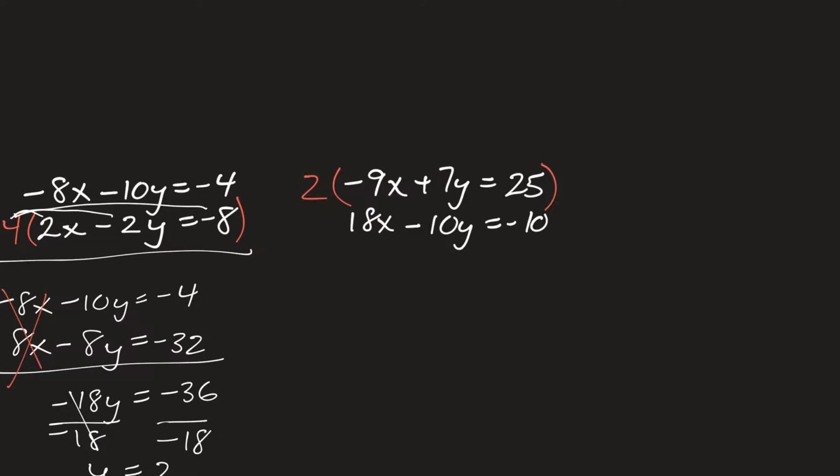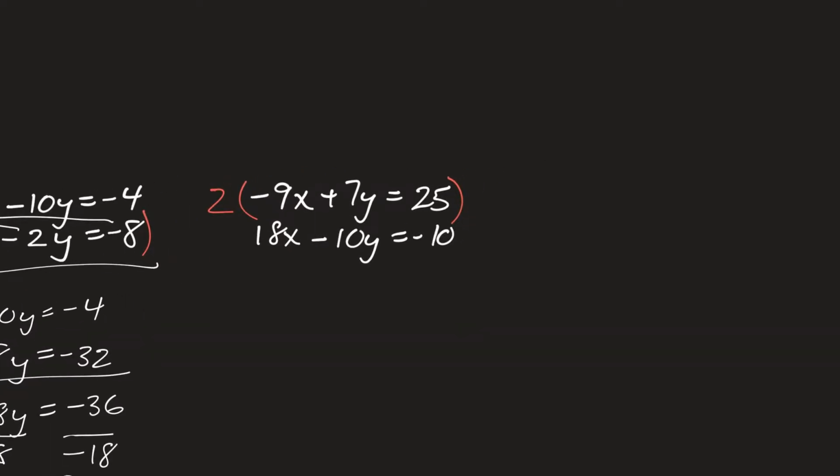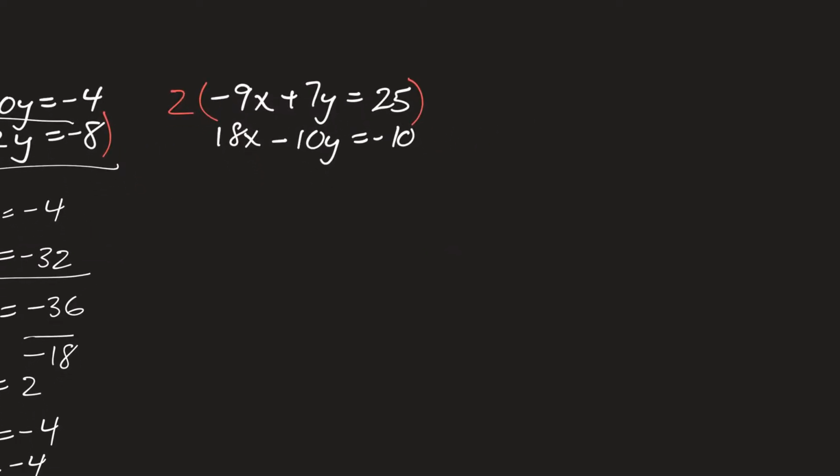So that's going to be, let's see now. That's going to be, what, negative 18x plus 14y, because I did that, and then I did that is 14. And then 2 times 25 is 50 equals 50. And then I'll just write down the, oh, and that was an x term right there.